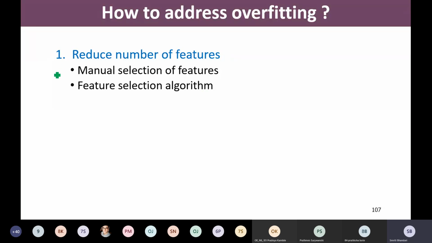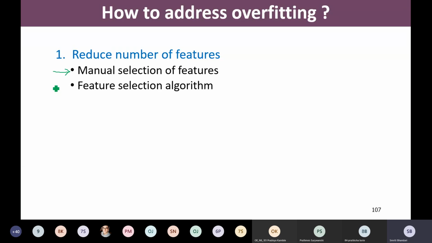Instead of manually picking the features, we also have several algorithms, and these algorithms are known as feature selection algorithms. In fact, in the next unit, we are going to focus on such algorithms.